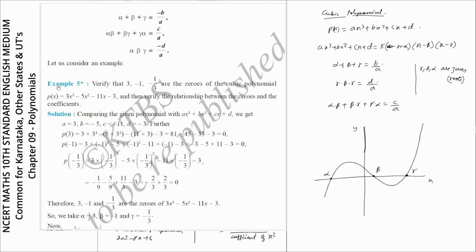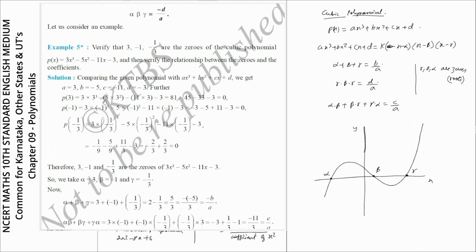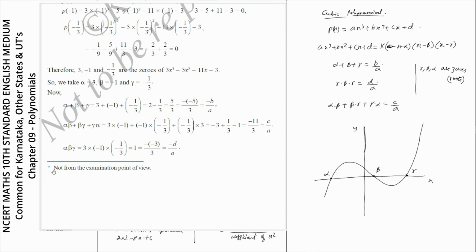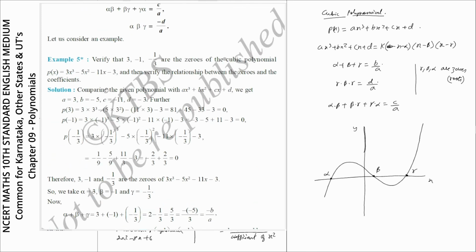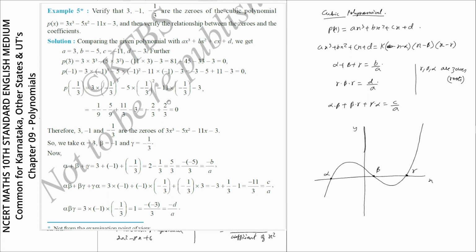This example 5 is not from the examination point of view. They have given it just for your explanation, so it will not come for the examination, but you can go through it for your understanding.